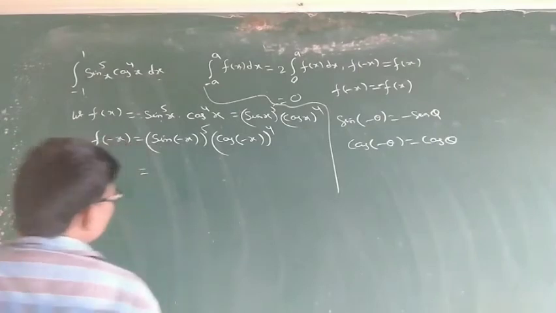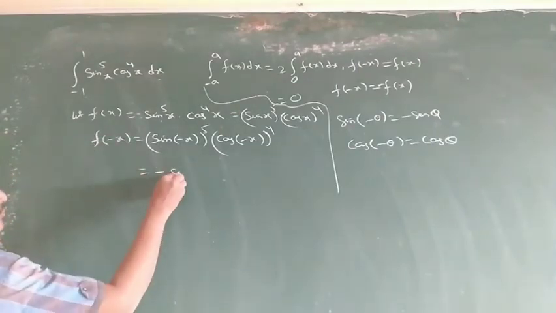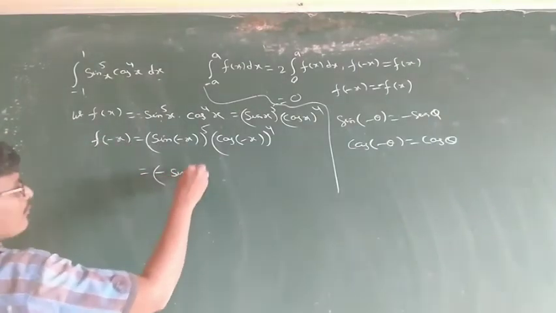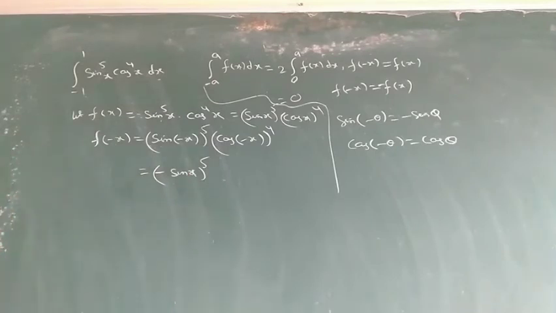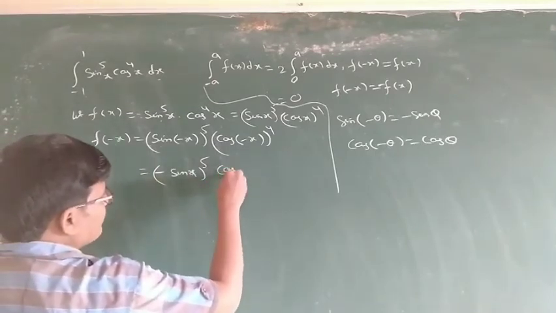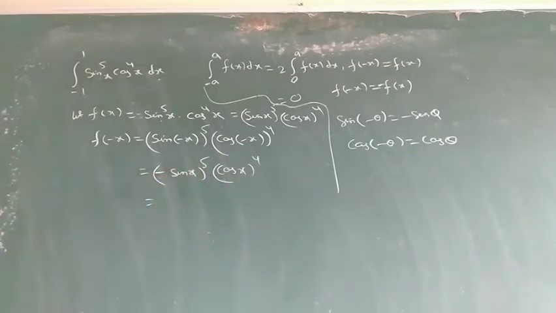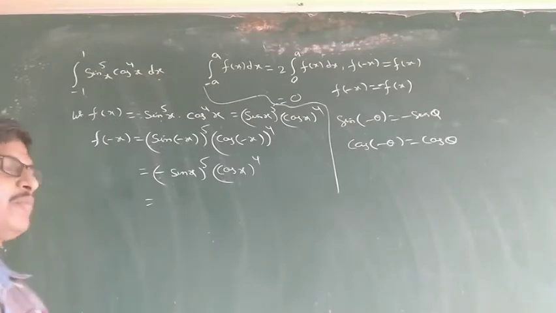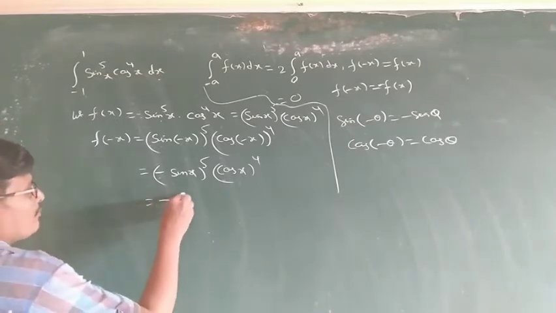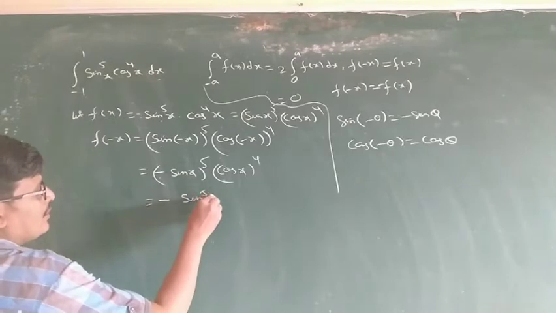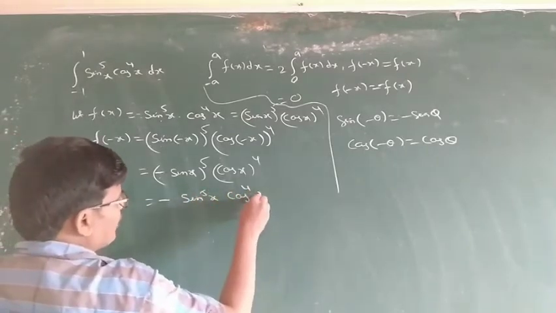So sine of minus x is minus sine x, whole power 5, and cos of minus x is cos x, whole power 4. Minus 1 whole power 5 is equal to minus 1; minus 1 whole power an odd number is equal to minus 1. So we get minus sine power 5x into cos power 4x.